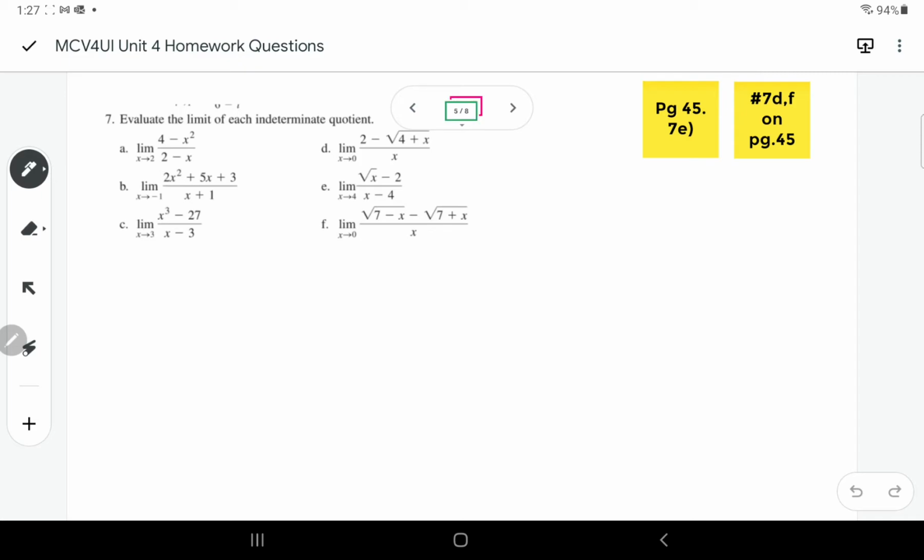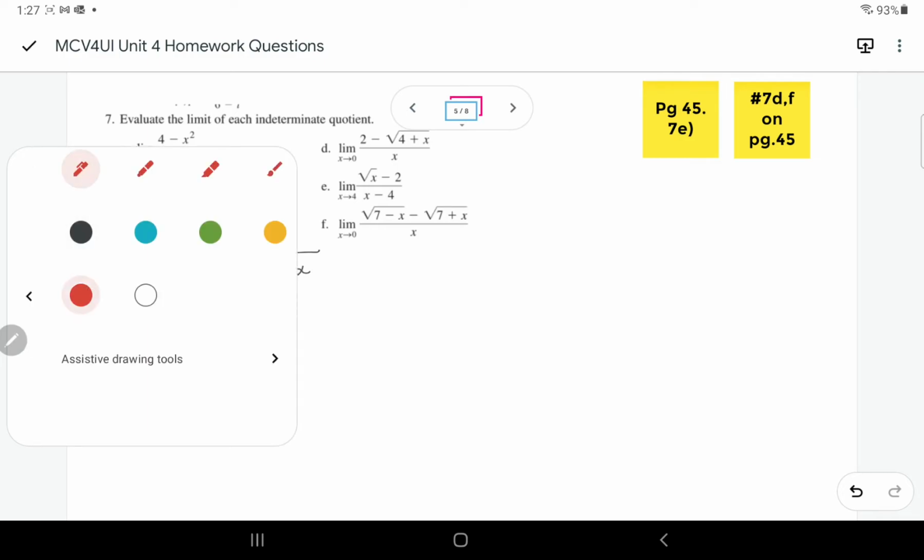Okay, and then number 7, this was D, E, and F. Okay, so D, we have the limit as x approaches 0 of 2 minus the square root of 4 plus x over x.